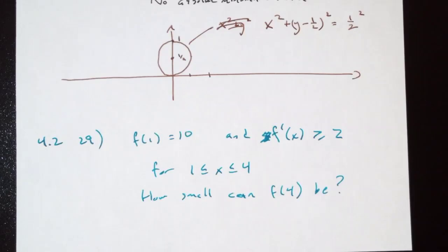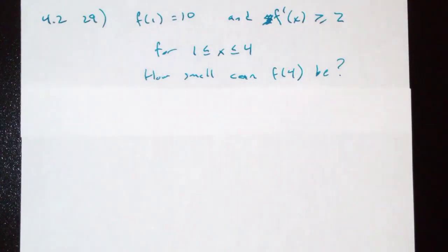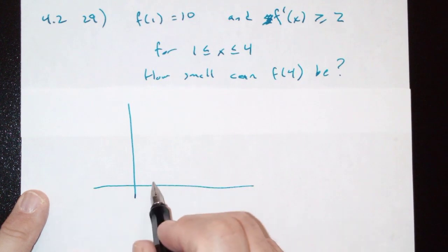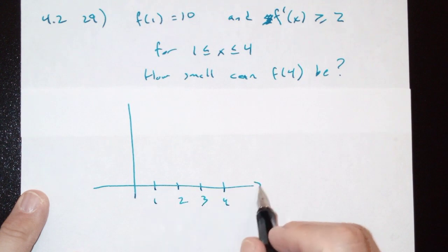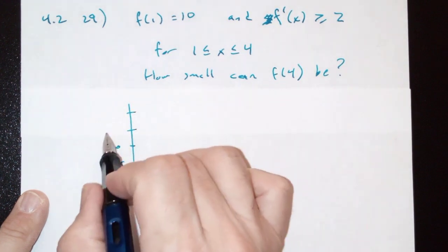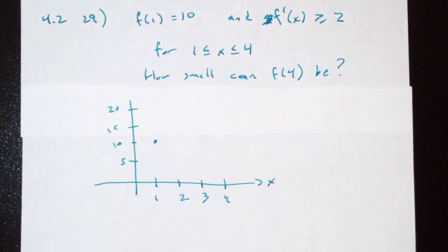So I've got x going from 1 to 4, and I've got f of 1 being 10, right? F of 1 is 10.